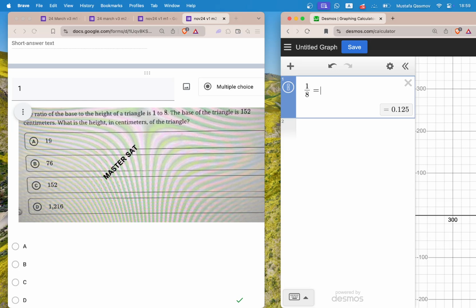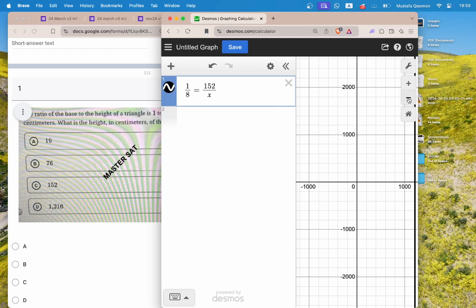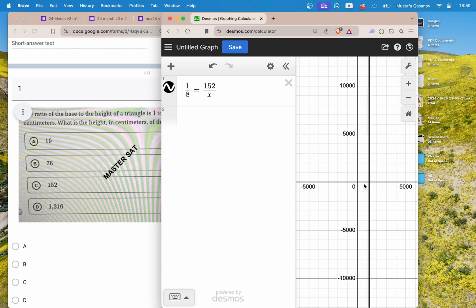So it is equal to, base is 152, so it will be 152. And let's write here x because we don't know the height. Then we will get D, 1216. It's our answer.